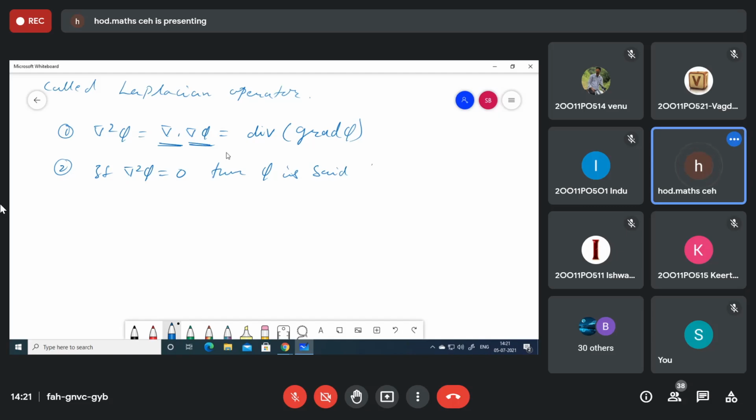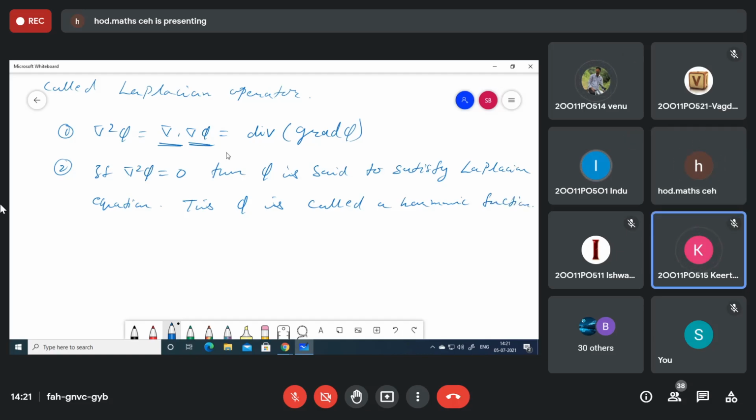And this phi is called a harmonic function. So any function which satisfies the Laplacian equation, we say that the function is a harmonic function. Understood?